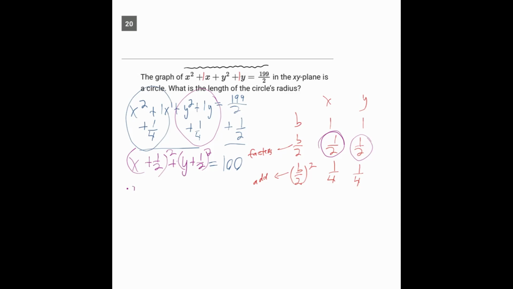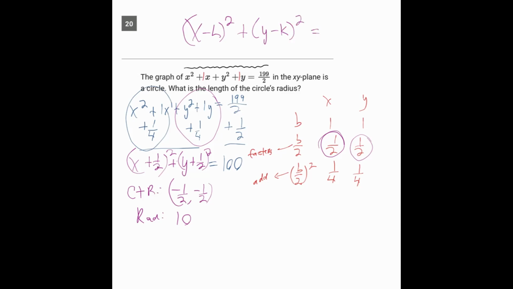And so we now know that the center is negative 1/2, and that the radius is 10. And the center is negative 1/2, because the equation of the circle has a minus sign in it.